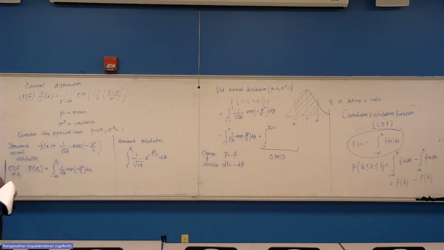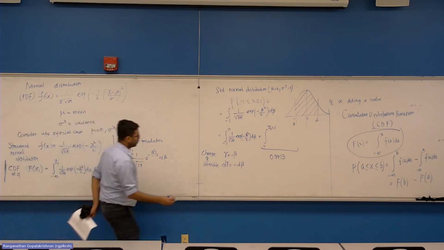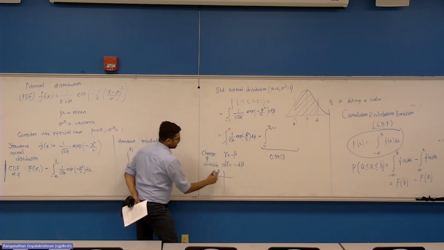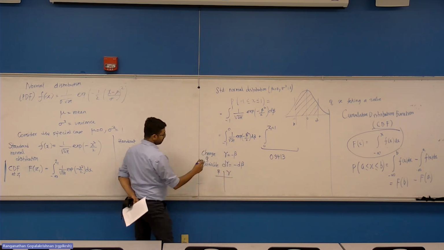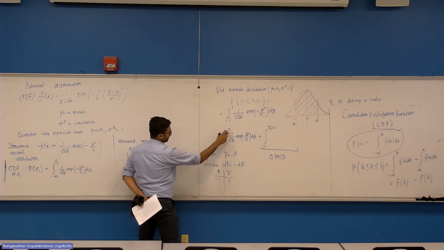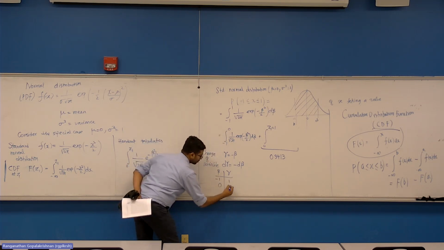You would have done this in your calculus, I'm sure. So if you do a conversion of the limits, the old variable is beta, new variable is gamma. If beta is -1, gamma has to be 1. If beta is 0, gamma is also 0.